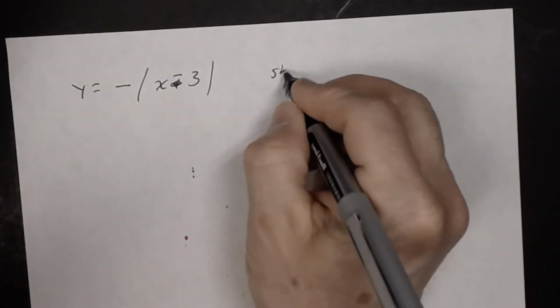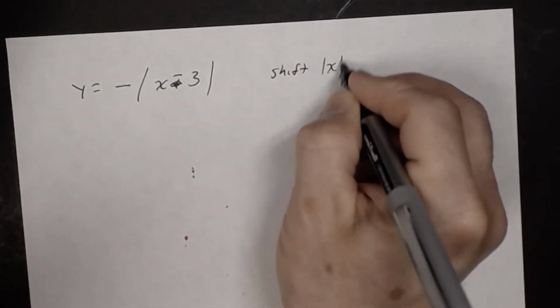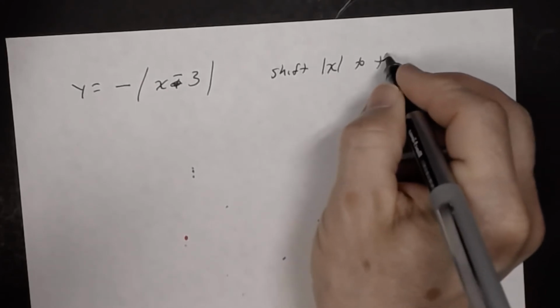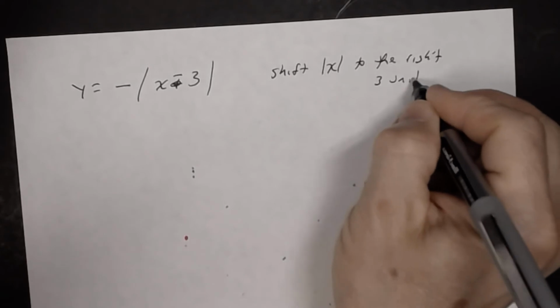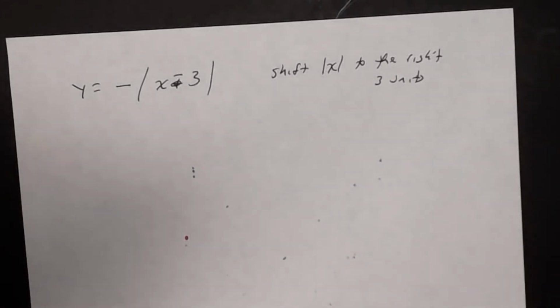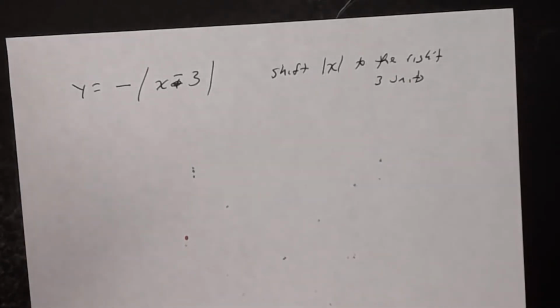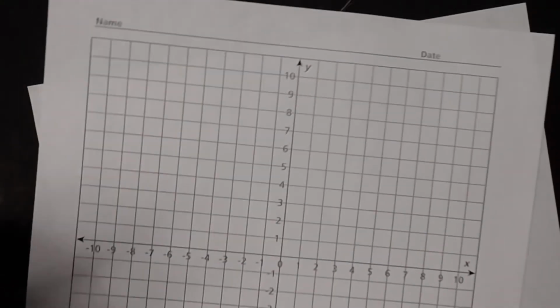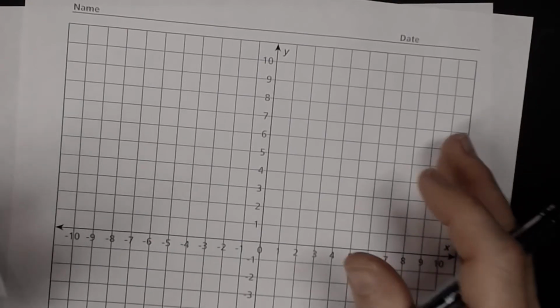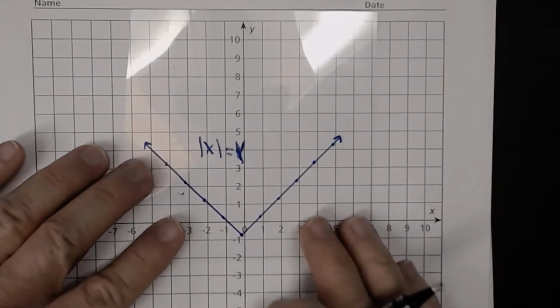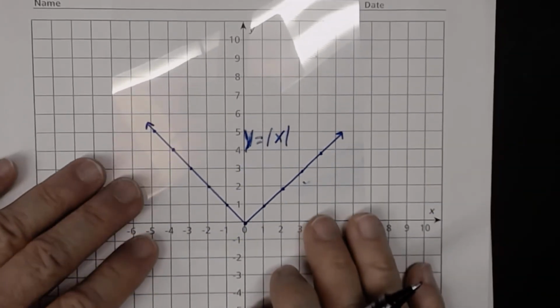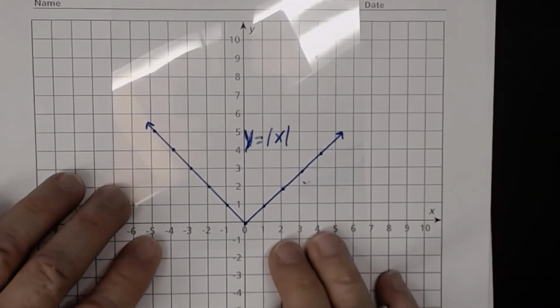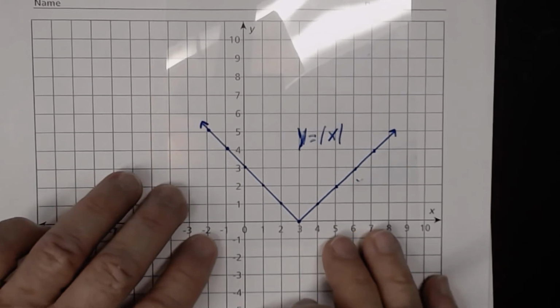So you're going to shift the absolute value of x to the right 3 units. So in other words, if you look at the graph, so if this is the absolute value of x, I'm going to shift it to the right 3 units, right?